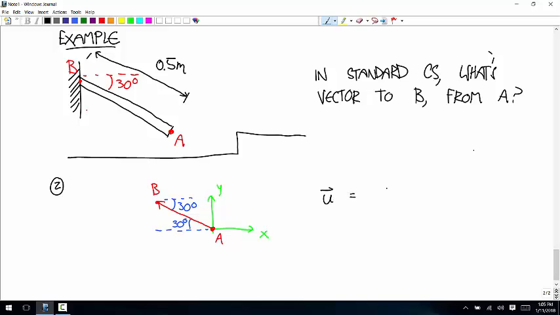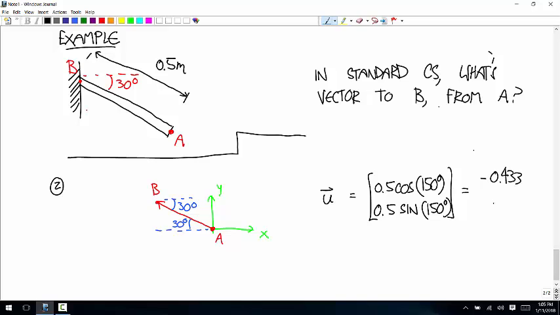So the vector we want is 0.5 times cosine of 150, 0.5 times sine of 150. And that is negative 0.433, right? And then 0.25.